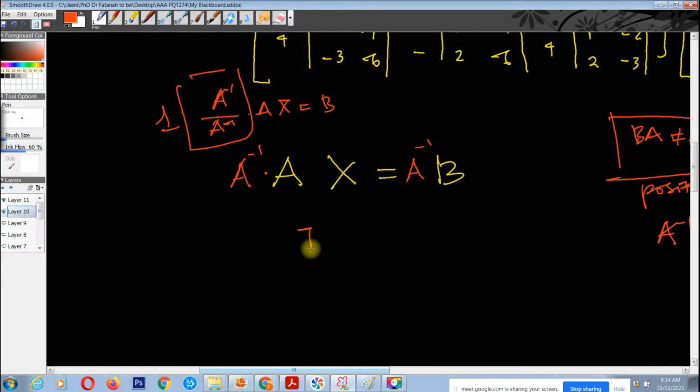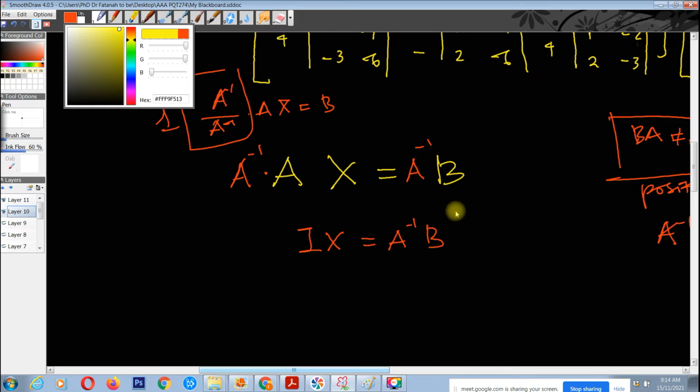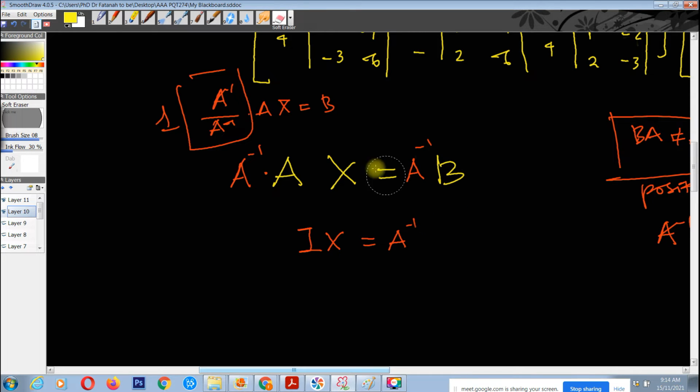So here we got I X equals to A inverse B. So we will get X. So when we get A inverse B for matrices, we will get the solution for X.